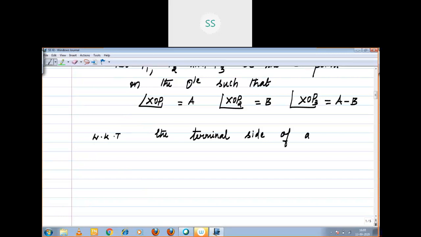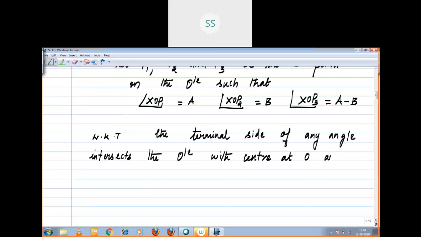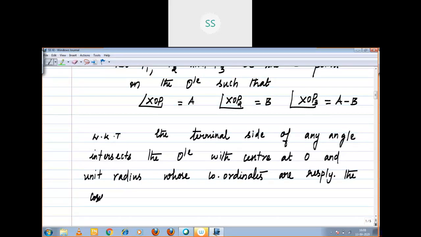We know that the terminal side of any angle intersects the circle with center at O and unit radius, whose coordinates are respectively the cosine and the sine of the angle.